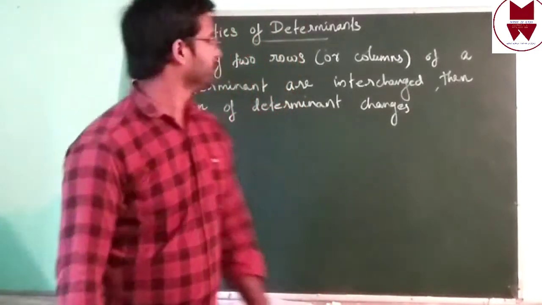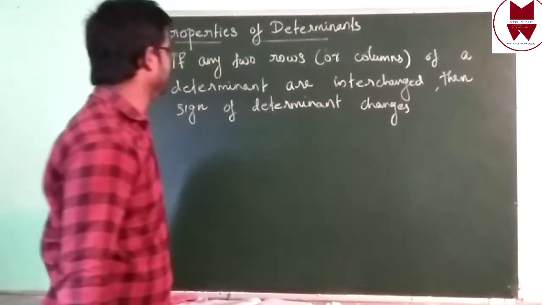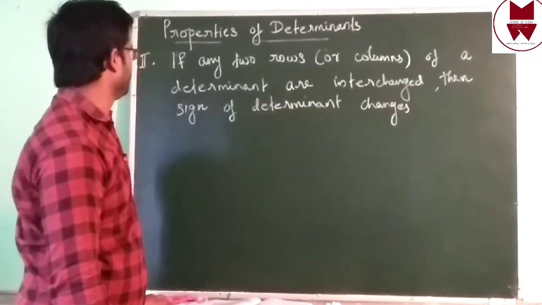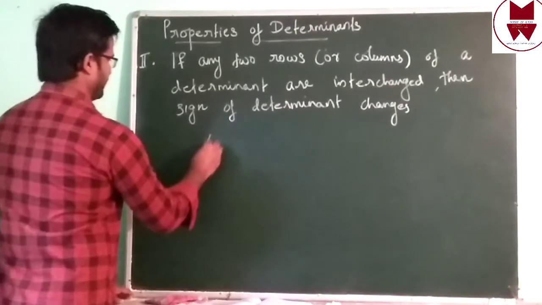The second property is: if any two rows or columns of a determinant are interchanged, then the sign of the determinant changes. You can see one example.